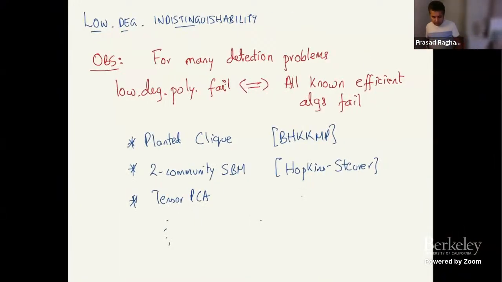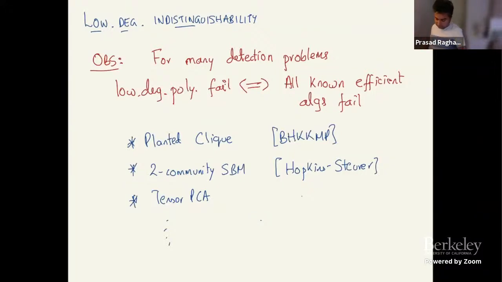What actually comes as a surprise is that even this simple class of algorithms, low degree functions, seems to capture the complexity of many of the problems. For many detection problems, it seems that when low degree polynomials fail, all known efficient algorithms fail.